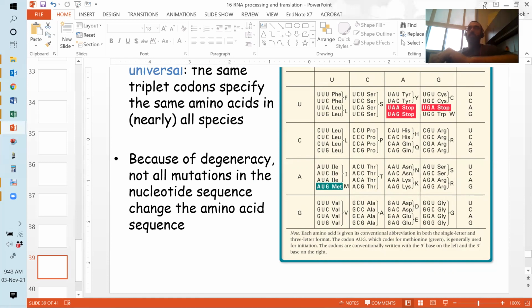It doesn't encode an amino acid. It's a stop, right? So the second thing that a frame shift mutation often results in is a new stop codon.